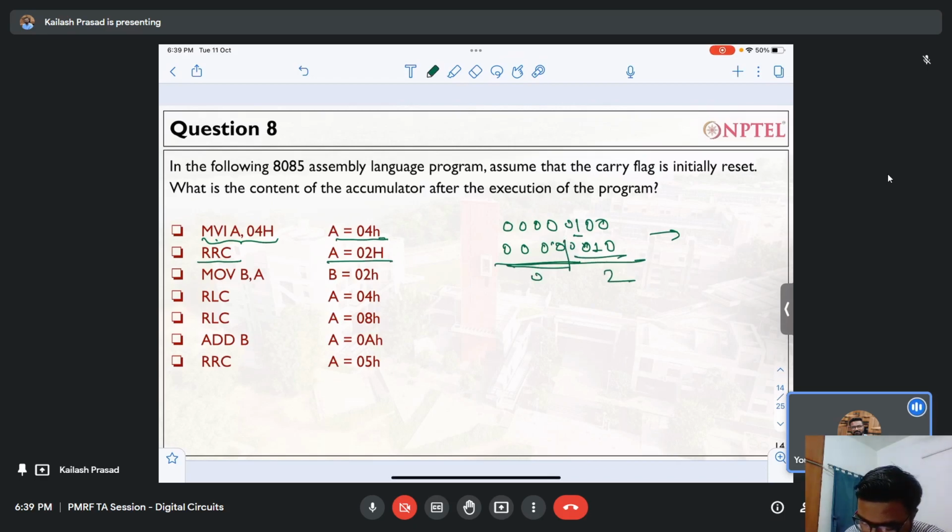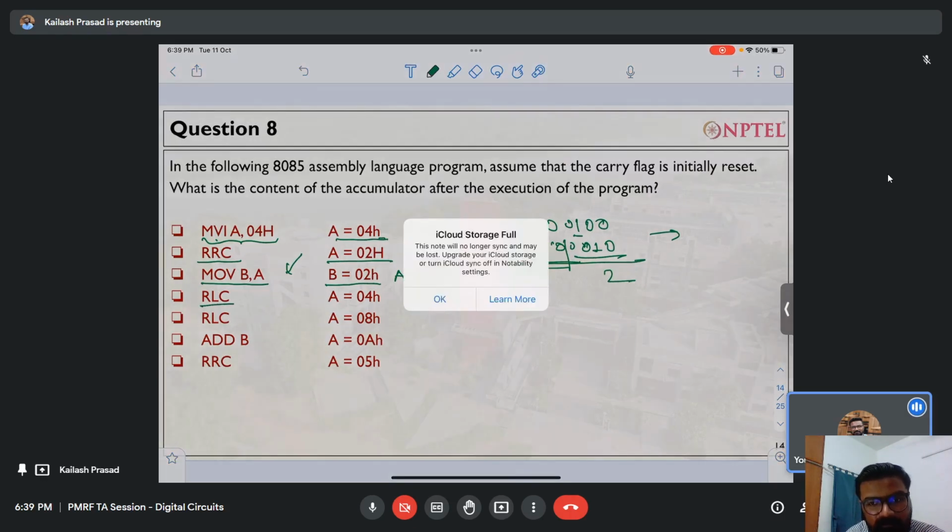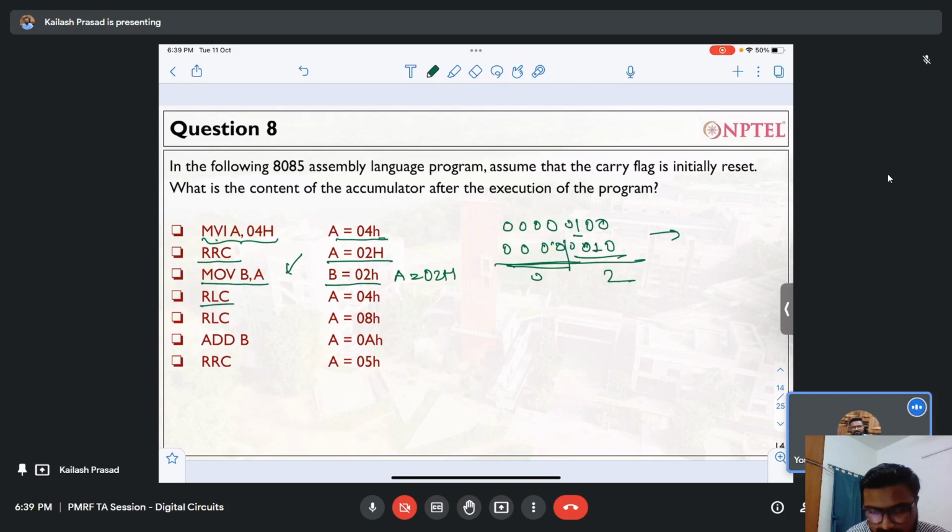Then what we have written is MOV B, A. Till before that B didn't have any value. Now B is equal to 02H, and A is also 02H at this moment. And then we are doing a left shift. Earlier it was a right shift, now we have a left shift, which is the opposite operation.